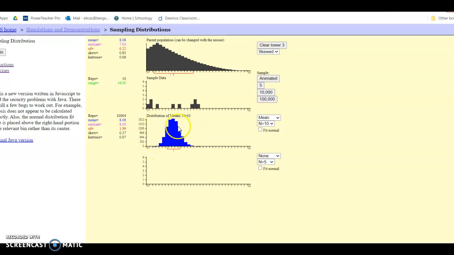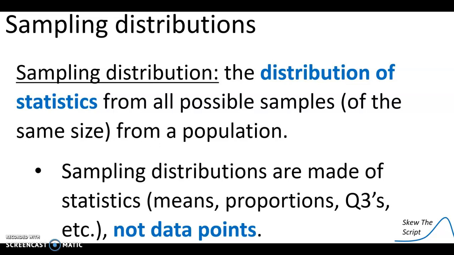But this becomes a nice normal distribution, and you can really start to look at the spread of the data from your sampling distribution. So again, a sampling distribution is a graph of statistics, not individual data values, and it's a statistic that represents all possible samples of whatever size n you're taking from the population.